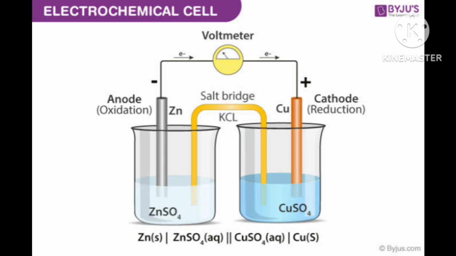There are many other metals, and this is the only basis on which you can decide which metal can function as anode and cathode. Whose tendency is more to lose the electron will be treated as anode, and whose tendency is less to dissolve is treated as cathode.